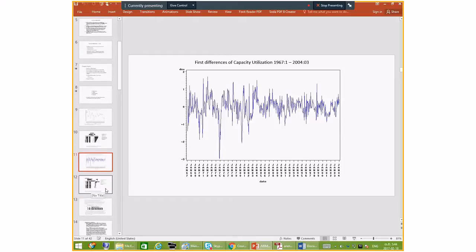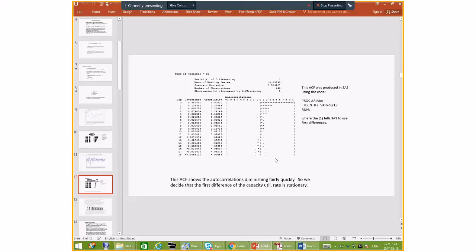This is the first difference series, and this is its autocorrelation function. We can see that it decreases very quickly. Then we can see that the first difference of the series is stationary.